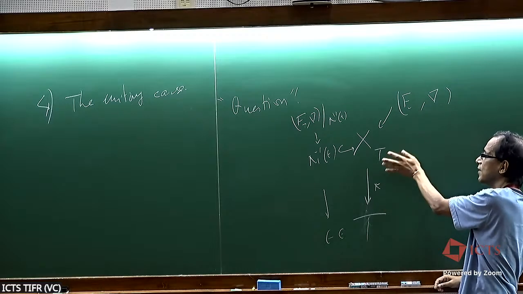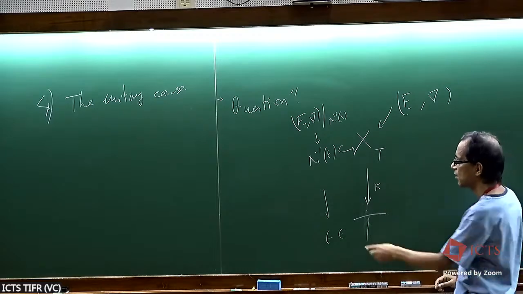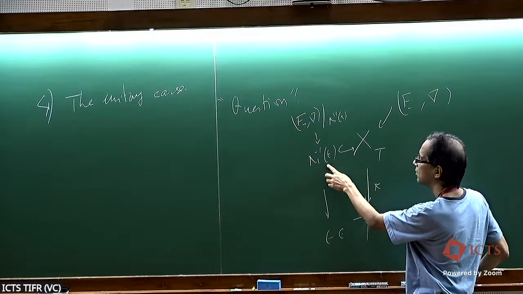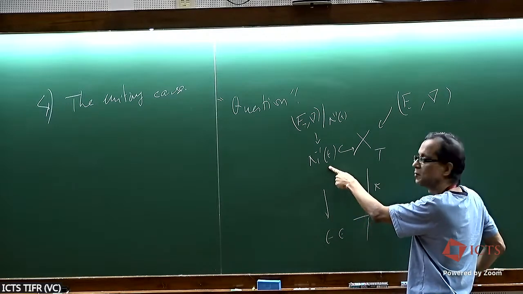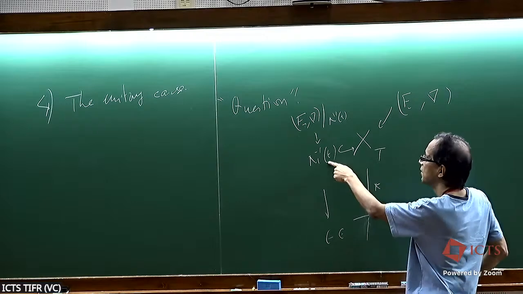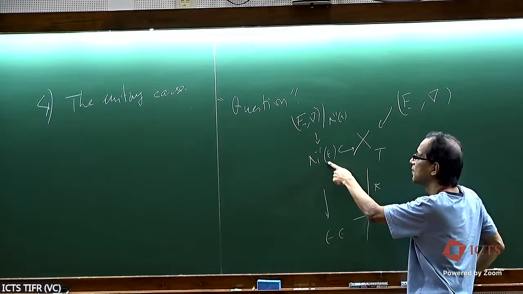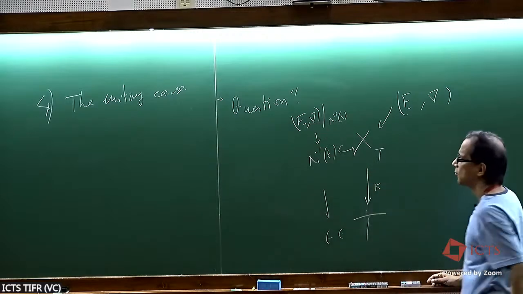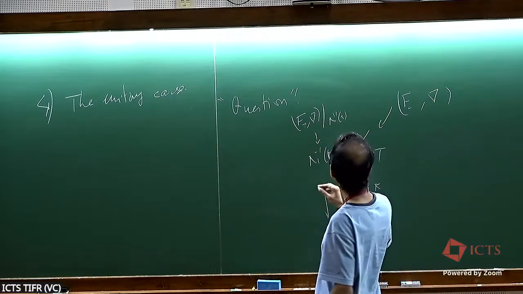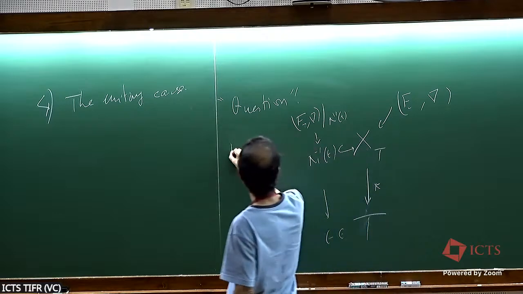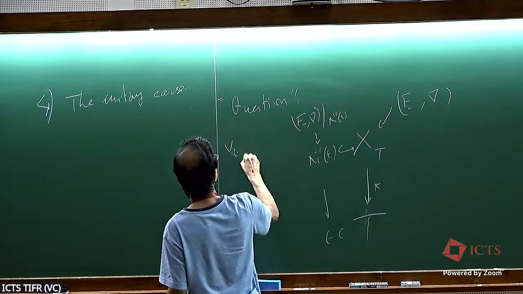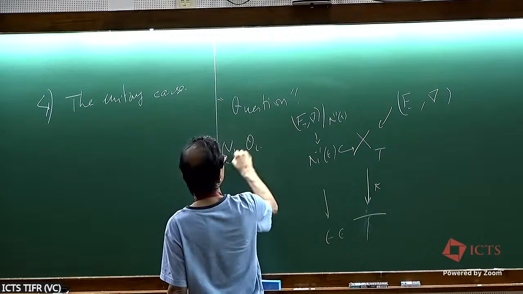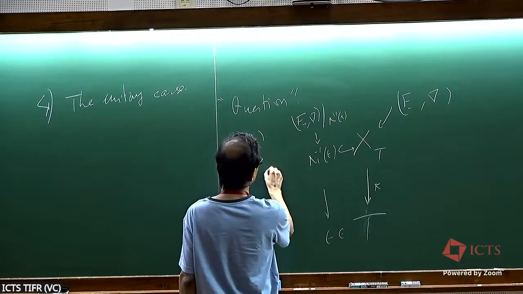I'm restricting this flat connection to the fiber pi inverse T, a compact Riemann surface. So by the correspondence, I get a Higgs bundle (V_T, theta_T) on X_t.